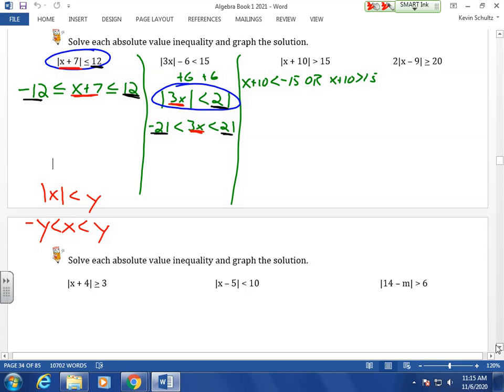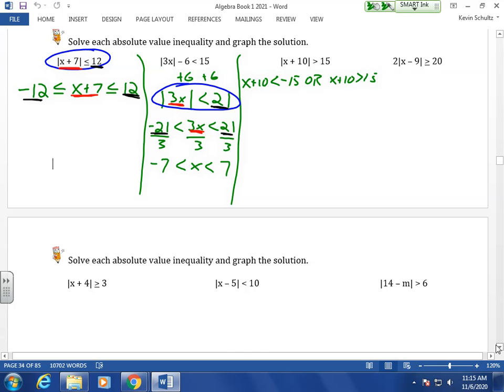But from here, we have this compound inequality to solve. And we're going to do that using opposite operations. To isolate x, we're dividing by 3, and there are 3 sections to this. We need to divide all of them by 3, and we get negative 7 is less than x, which is less than positive 7.